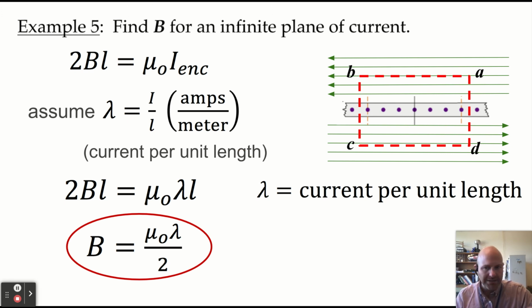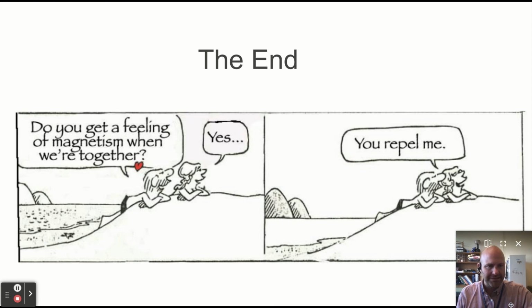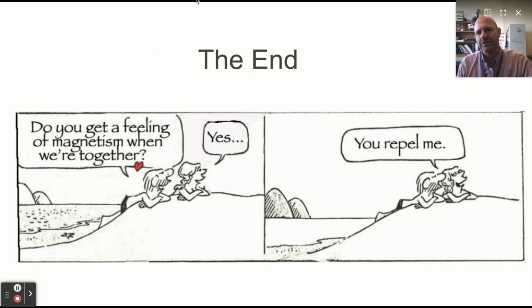You get a constant magnetic field from an infinite plane of current, which should probably not be that surprising. That's what happens when you have an infinite plane of charge as well, and we found that using Gauss's law. All right, that's it from Ampere's law. We'll do some practice problems with this and think about how we model the magnetic field as we go.